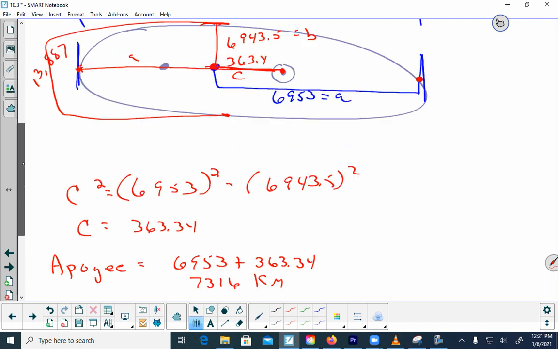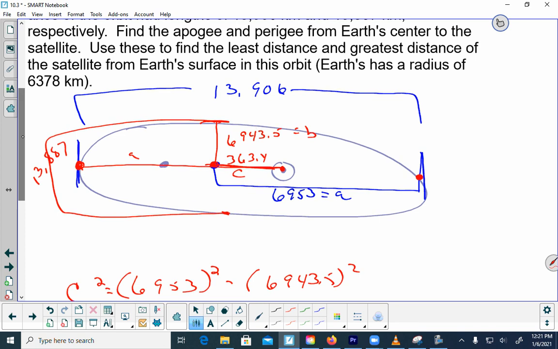Now that's from this vertex to the center of the Earth.